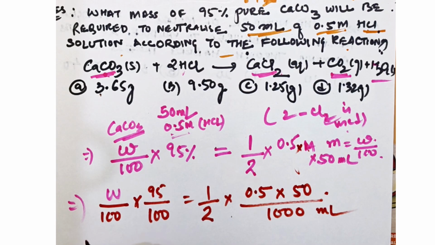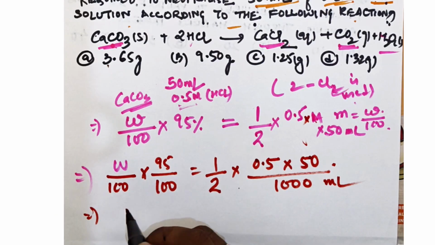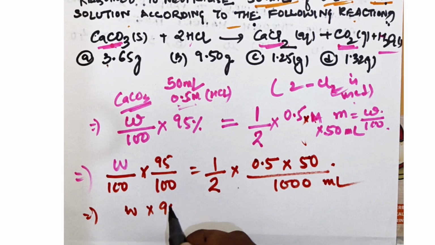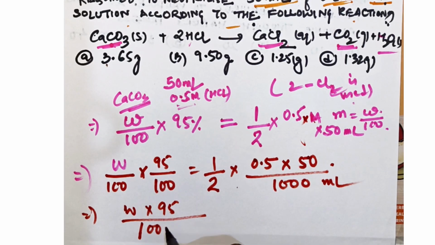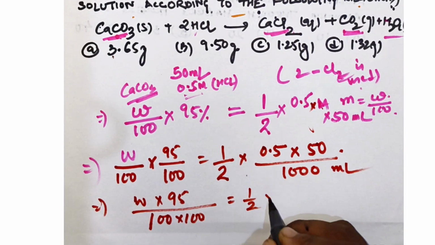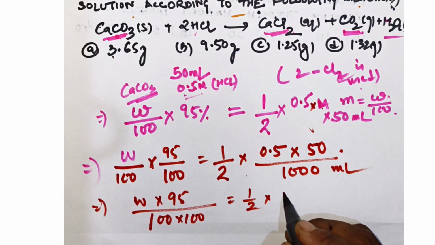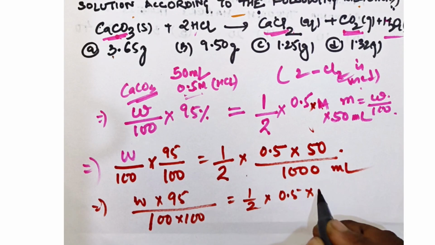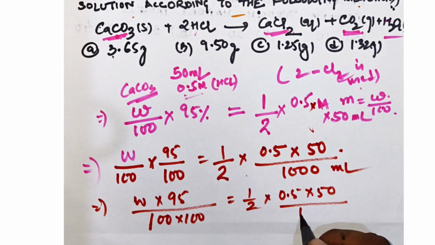Now this forms W into 95 divided by 100, which is equal to 1 by 2 into 0.5 into 50 divided by 1000.